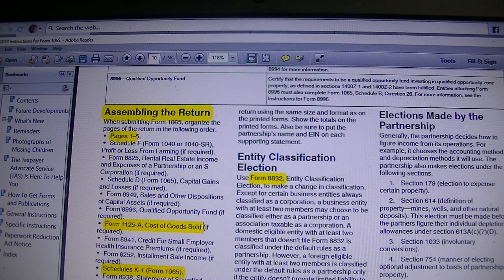Maybe I said it right, I don't remember what I said, but you'll have that 1065 first, stapled together, those 5 pages, and then you'll have form 1125A, which we just filled out. Then we'll have K1 and we'll have B1. B1 will fall under this category here, so that will be added to it, and that's the order you'll put them in, and then you'll put them in the envelope.